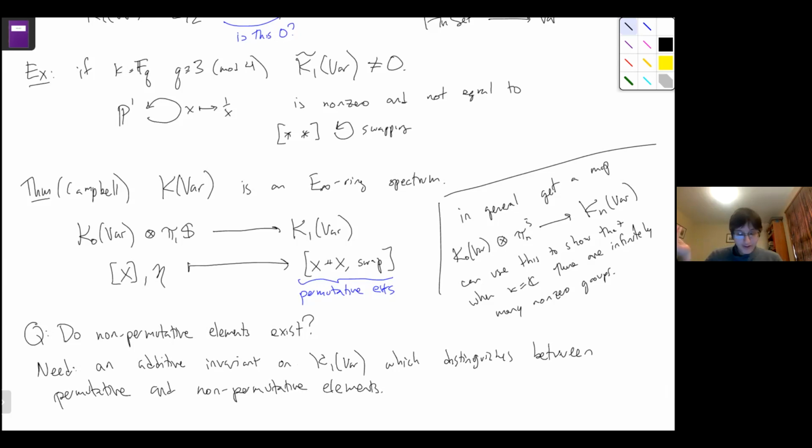And one of the hard parts of that is a permutative element is determined in terms of the ring structure. So if you want an invariant which can detect it easily, what you really want is a ring morphism out of the homotopy groups of the K-theory of varieties. And so ideally what you'd like is an E-infinity map on K-theory, which is really hard to construct.